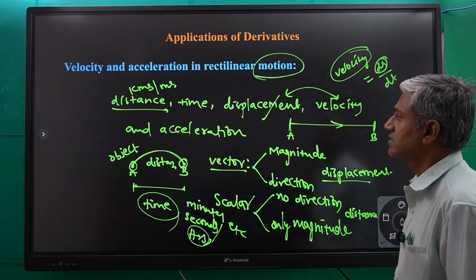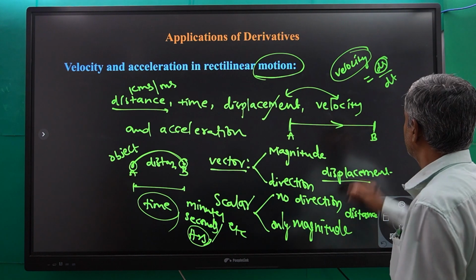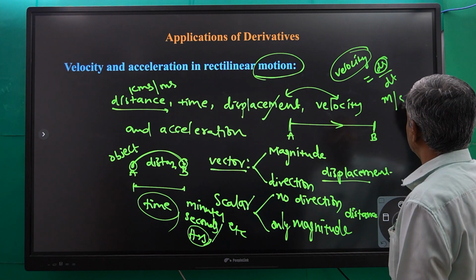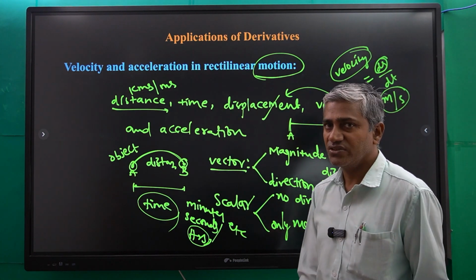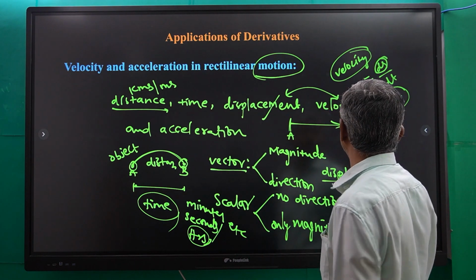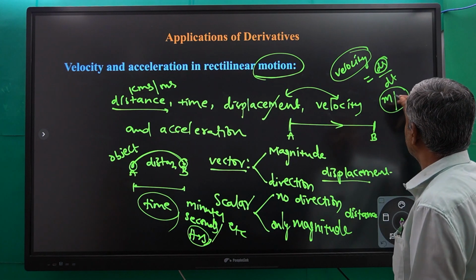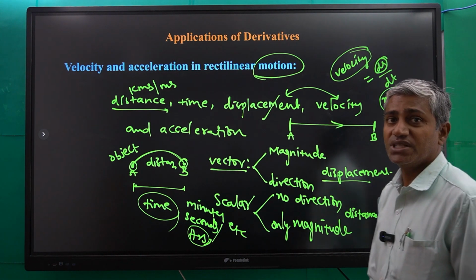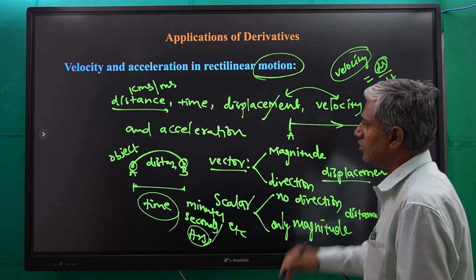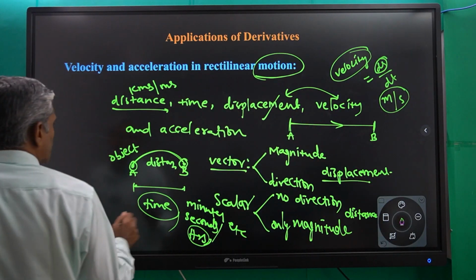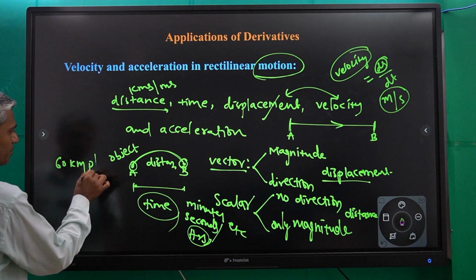Then come back to acceleration, and you must know the units of velocity also. This can be taken as meter per second. Let's say an object is moving 60 kilometers per hour, kmph.